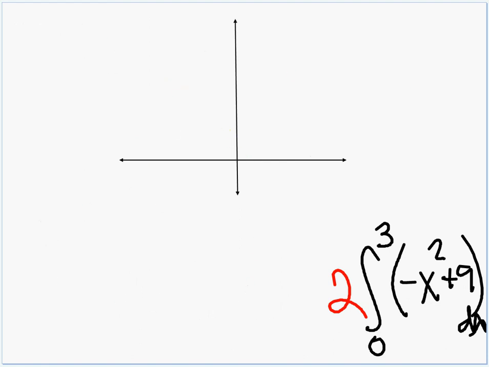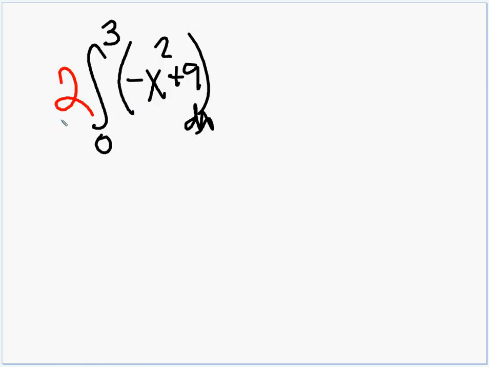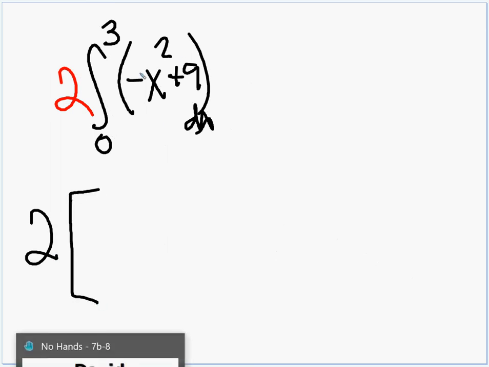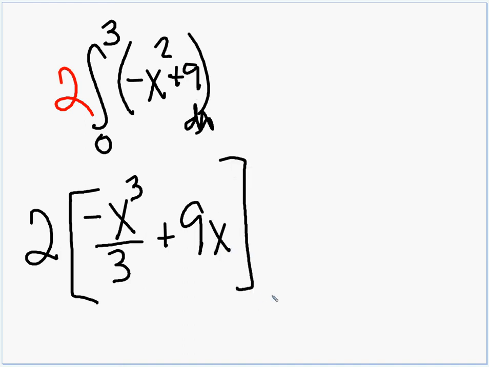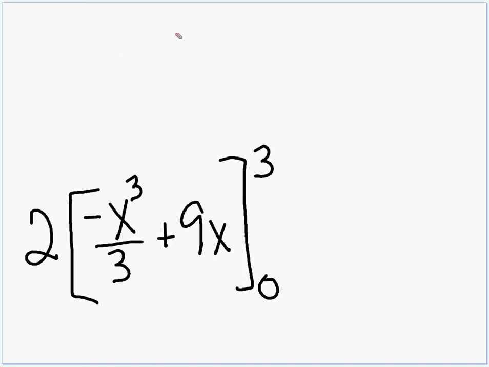This 2 is a constant multiple, so it's going to stick around for a little bit. Let's anti-derive our first term: negative x to the third divided by our new exponent, plus 9 gets anti-derived, a variable gets attached, and we're going to go from 0 to 3. Let me move this up here so I have a little more room.